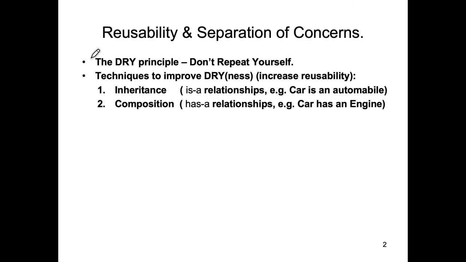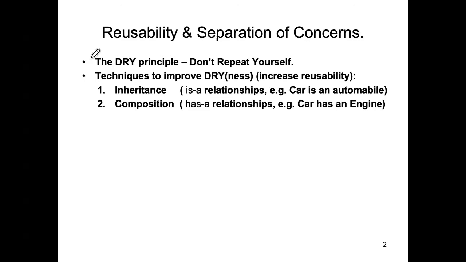Then when you're analyzing the problem domain, you can either view it through the prism of inheritance or through the prism of composition. What I mean by that is, with inheritance, you're looking for is-a type relationships in your problem domain. So for example, a car is an automobile.